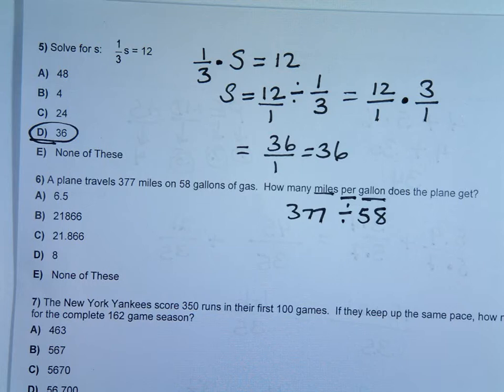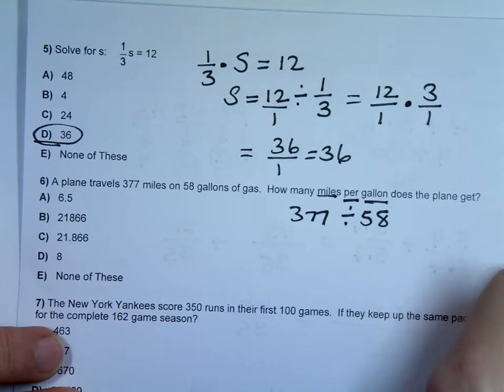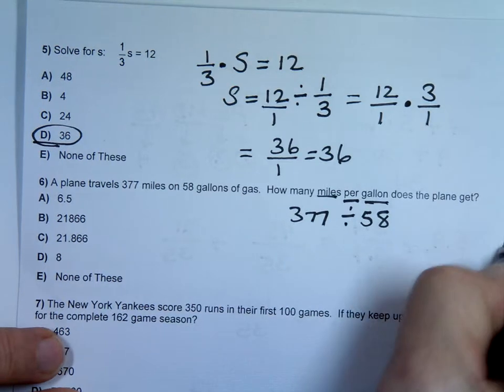Someone says 6.5? So 377, there's a decimal point, there's a lot of zeros if you need them, by 58.